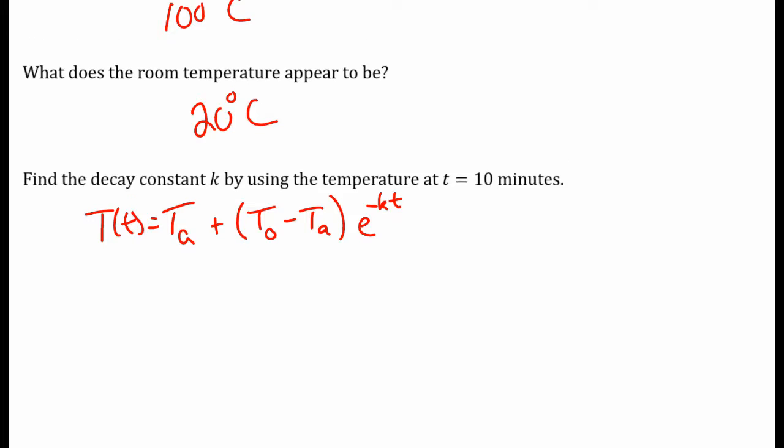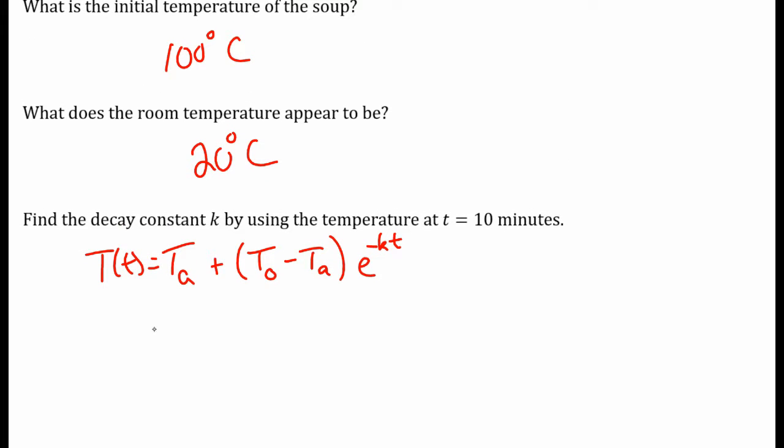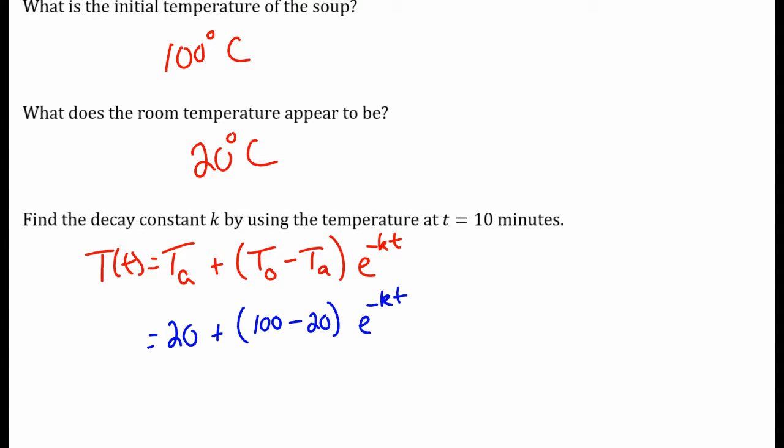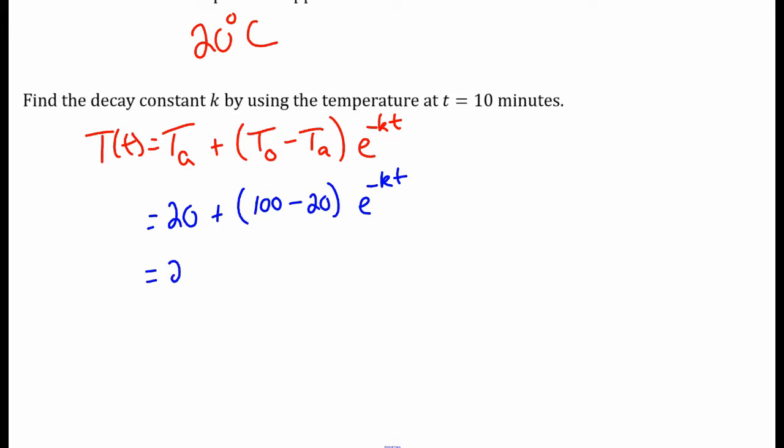Well, the ambient temperature is 20 degrees. The temperature of the object, the soup, is 100 degrees minus 20, e to the negative kt. So the function we're working with here is 20 plus 80 e to the negative kt.